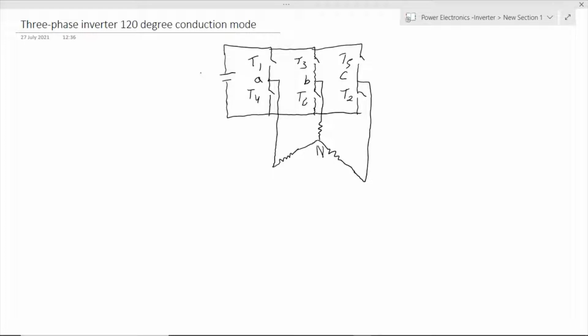And the DC voltage source is V. The first point is that each switch is fired or conducts for 120 degrees of the full cycle.